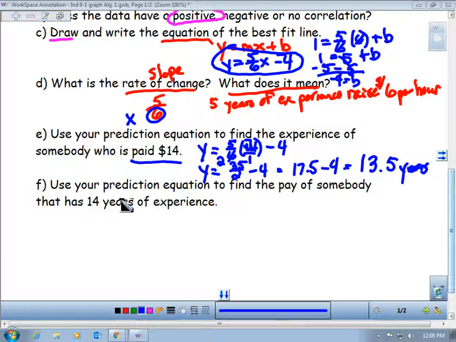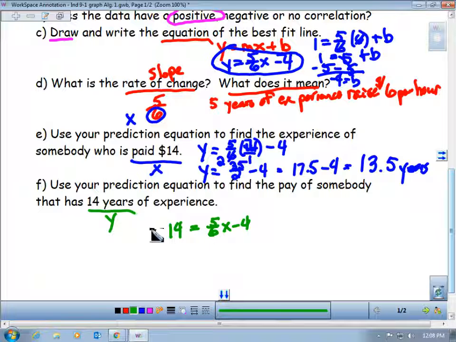So this one is use your prediction to find the equation of somebody that has 14 years of experience. So a little bit different, but in this case, the years are your Y. For the paid, it was your X. So for this case, I'm going to use that same equation, and I'm going to put 14 in for my Y here. So 14 equals 5/6 X minus 4.